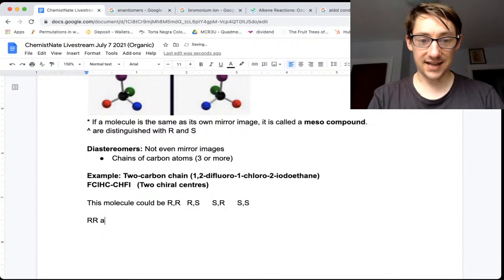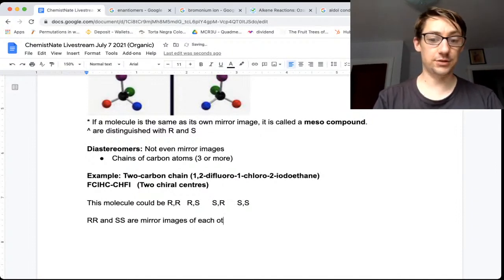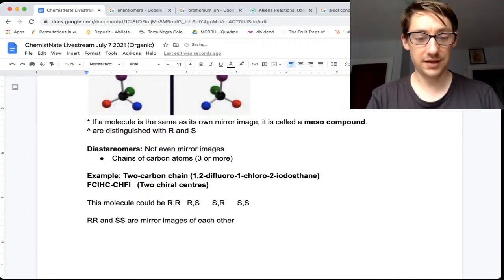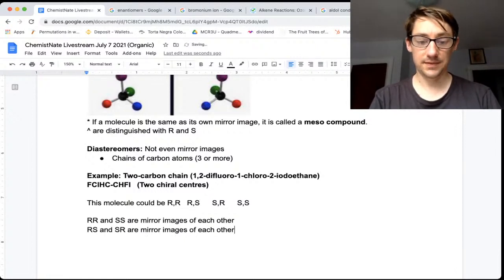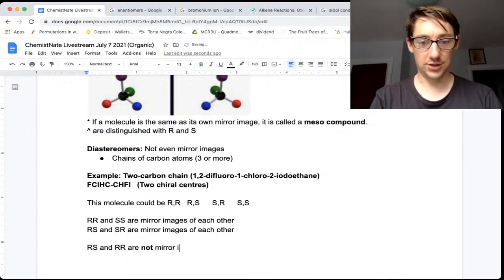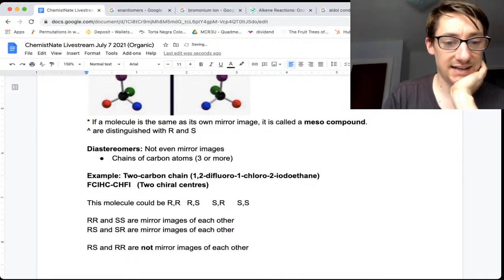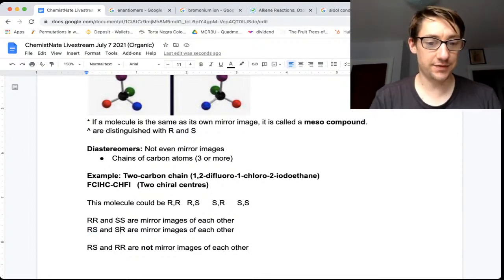RR and SS are mirror images of each other. And I know that because I literally just flipped the chirality of both. RS and SR are mirror images of each other. Cool. RS and RR are not mirror images of each other. See how RS flipped to become SR because you're flipping the chirality on each of the centers?